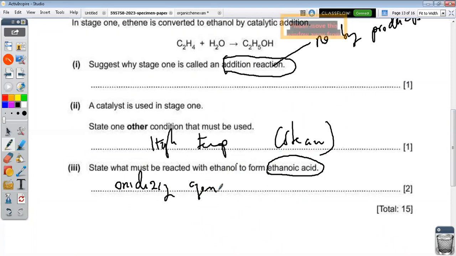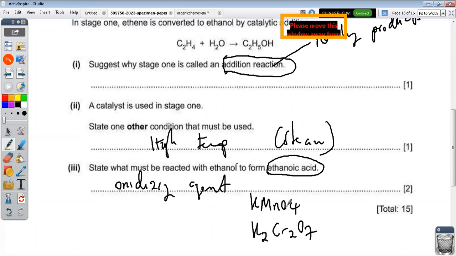An oxidizing agent in a lab is potassium permanganate(VII), or potassium dichromate. Are we together? This one, I'm sure you know, is pink. I'm sure you've seen it in the lab. And what's the color of this one?